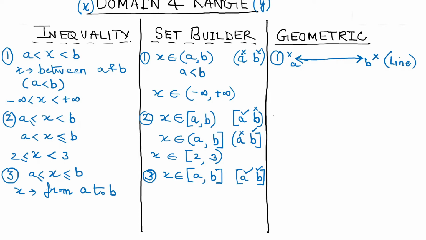So in the same way, when I'm talking about the second case, it will be either a ray going on this side or a ray going to the opposite side. So dot means that the value is included, but arrow means that the value is not included.